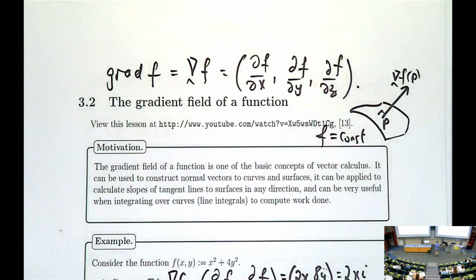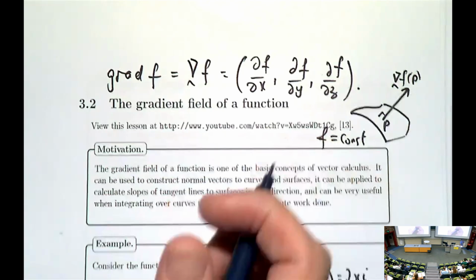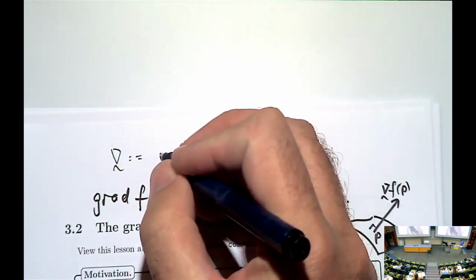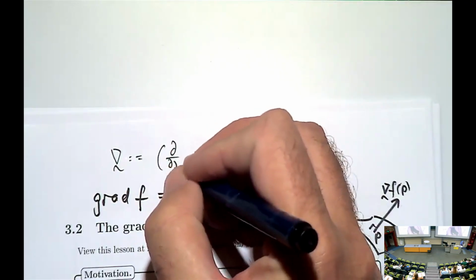So let's just refresh our memory though. Last time we introduced a new operator called the del operator. Nothing to do with Tisdell operator, but it looked like this.